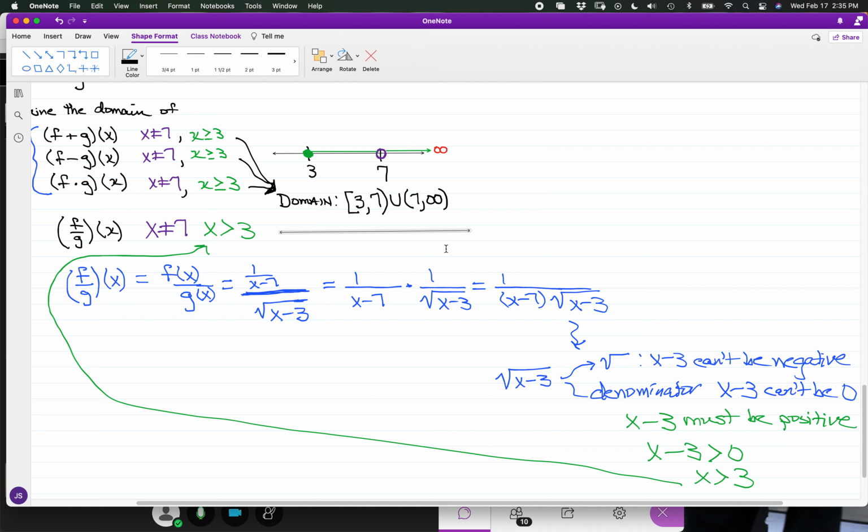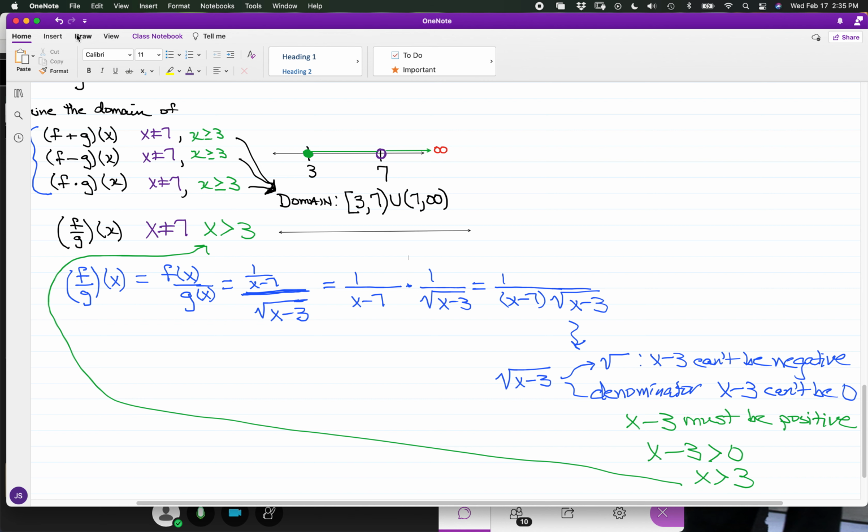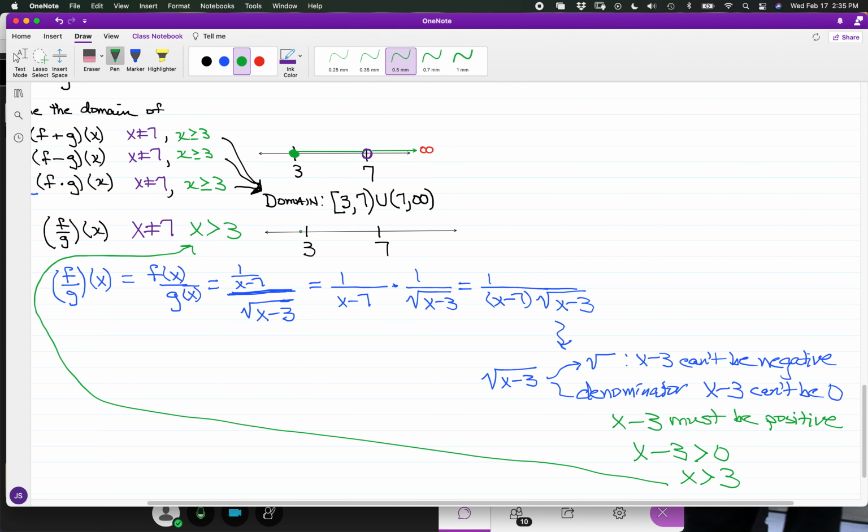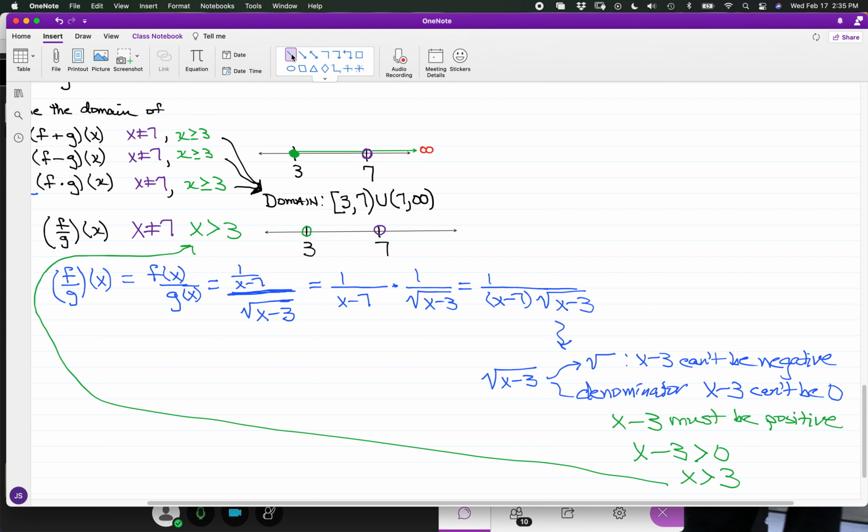And so for the quotient function, again we have our points of concern at 3 and 7 once again. This time, with x greater than 3, we have a hole, not a solid point, at 3. And again we have a hole at 7.